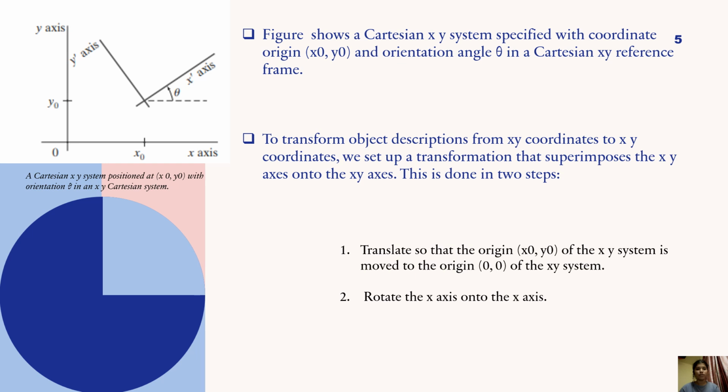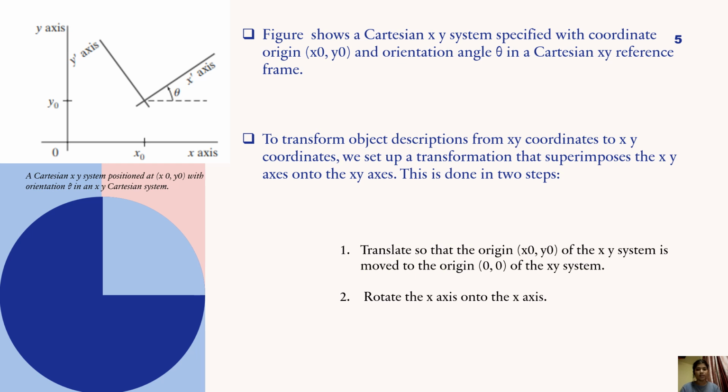Moving forward with the topic, as you can see in the figure, the Cartesian x'y' system is specified with coordinate origin (x0, y0) and orientation angle theta in the Cartesian xy reference frame. You can just refer to the figure. To transform object descriptions from xy coordinates to x'y' coordinates, we set up a transformation that superimposes the x'y' axes onto the xy axes.